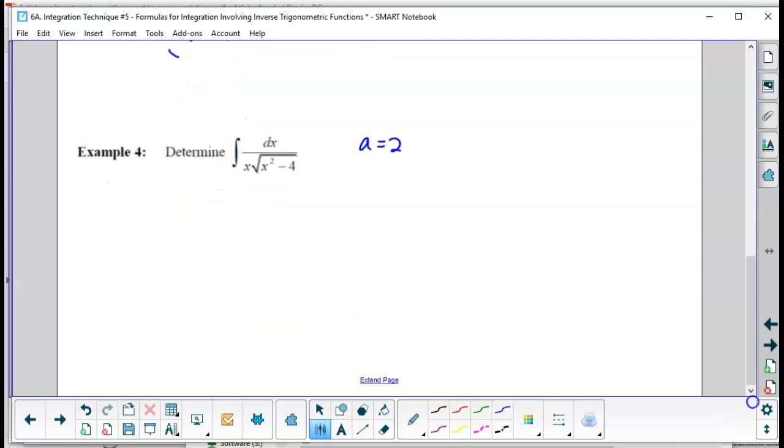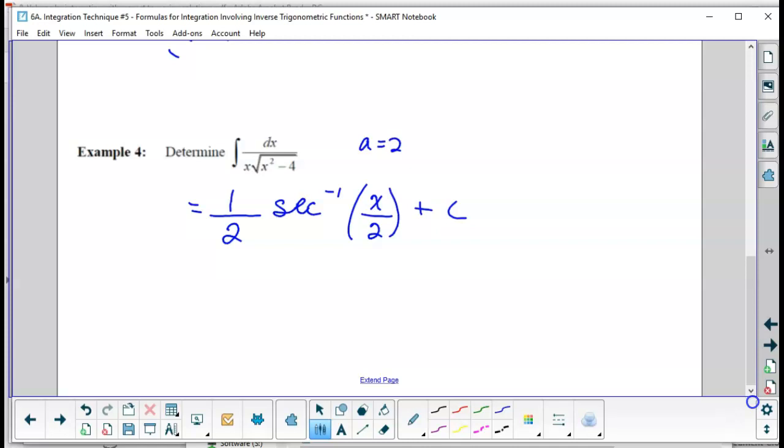So this is going to be equal to 1 over A, and then inverse secant of x over A. And that's really, you can just leave it like that. You can make your 1/2 a little smaller. But that's it. So we're done.